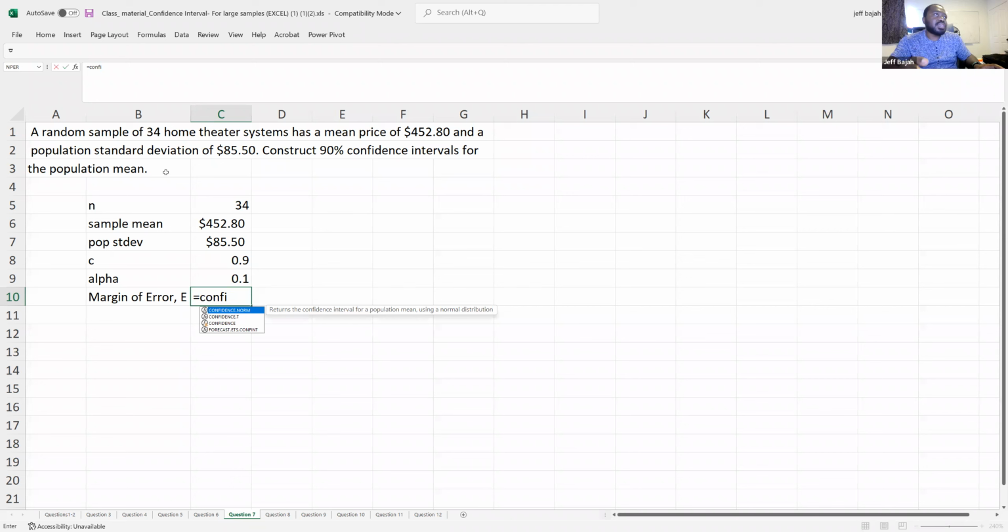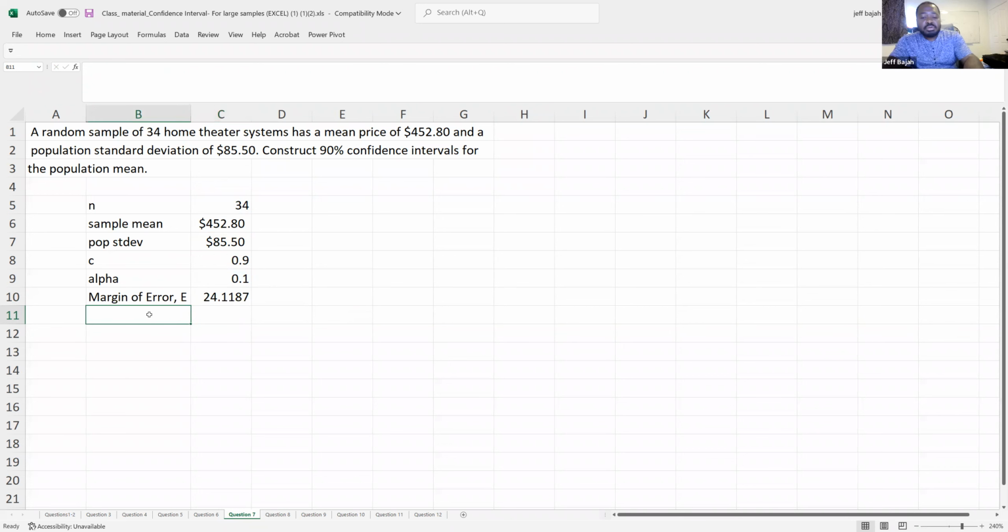And we were also given the population standard deviation, so we know to select this one. And so you have your alpha, you have your standard deviation, and then you have your sample size. And so you can see that the margin of error is about $24, right?